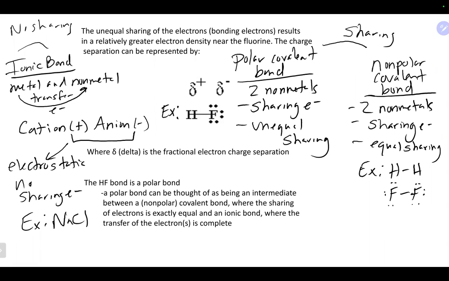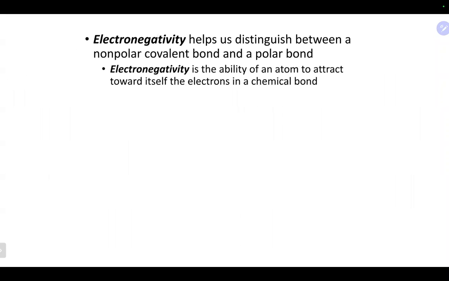Okay, so how do we know, if we put two things together, whether we will actually get equal sharing of electrons, unequal sharing of electrons, or an ionic bond? One of the main things we use to help us distinguish that is electronegativity.